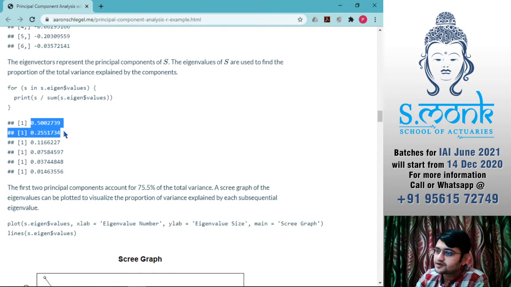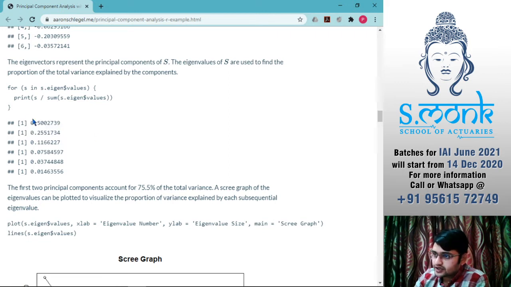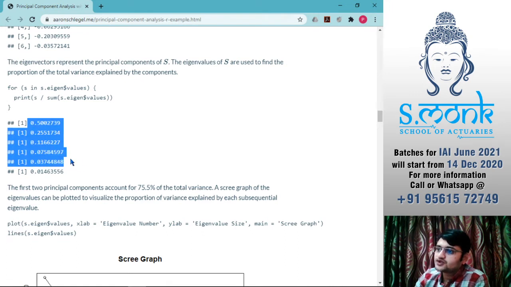If you combine these three, you will get about 80 to 87% of the data. So this tells you which values are dominating the data. Clearly this first value is dominating 50% of the data, but you would want more than one value to take almost all of the data.